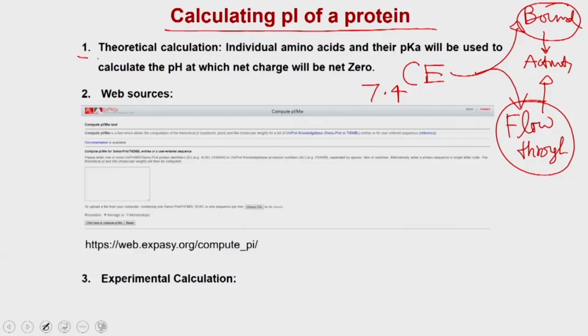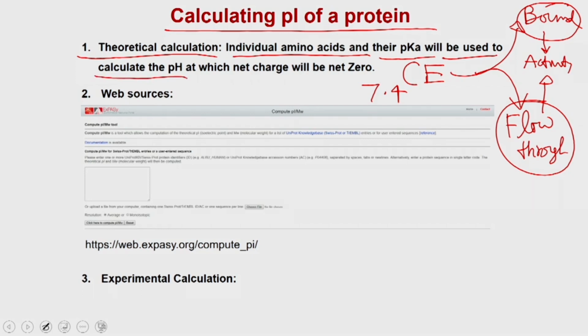The approach number 1 is theoretical calculation. You know that the effective charge of a protein is decided by the charge provided by the individual amino acids. So, you can take the individual amino acids and their pK values, and that information can be used to calculate the charge on the protein at a particular pH.